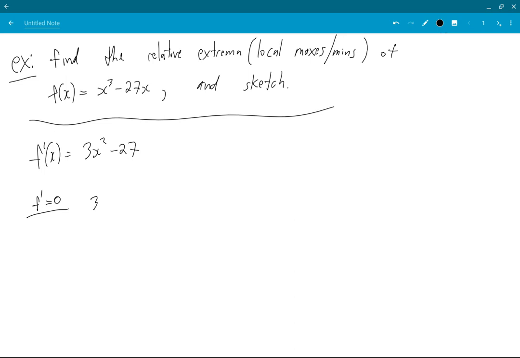Well, I get 3x squared minus 27 is equal to 0, so x is equal to plus or minus 3. So here's two critical numbers. F prime does not exist? Never. In this case, we have a polynomial. F prime will always exist for any x value.